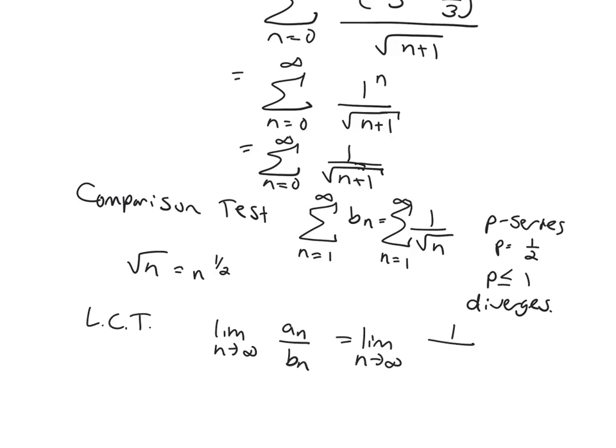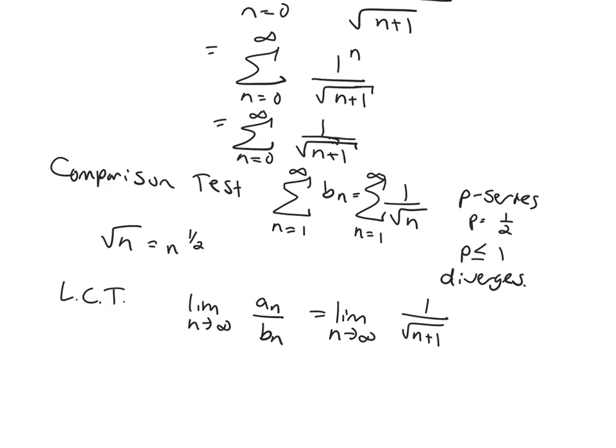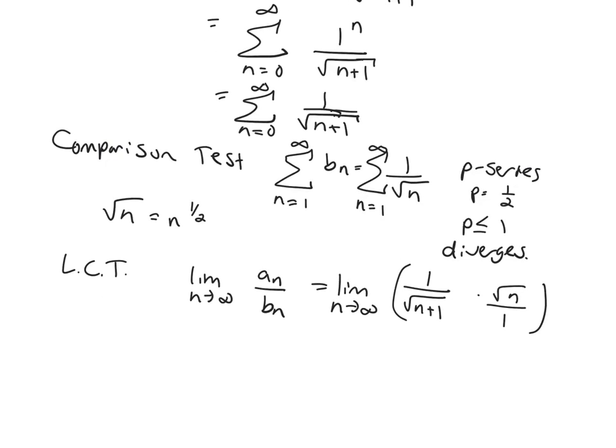An is what I started with. And then I divide by bn, which I'm going to go ahead and flip up. These are both under a square root, so I can combine them.